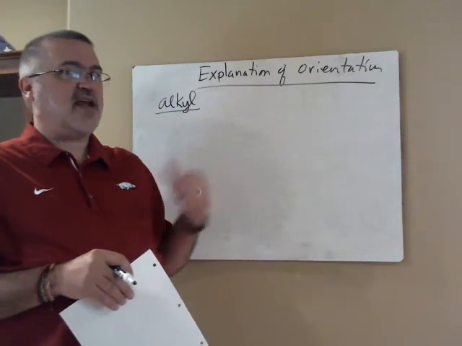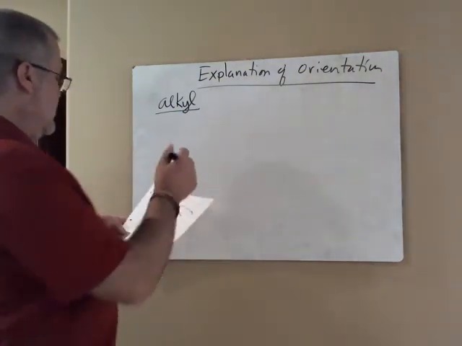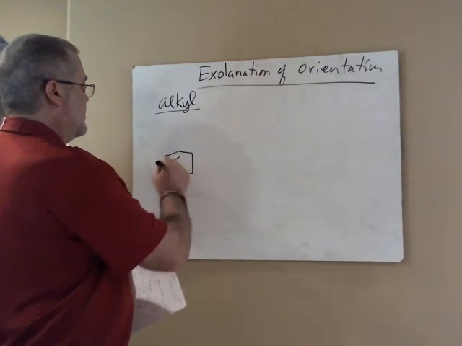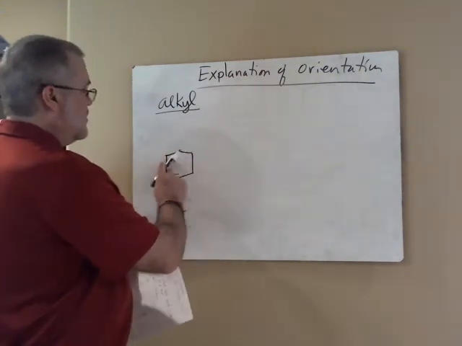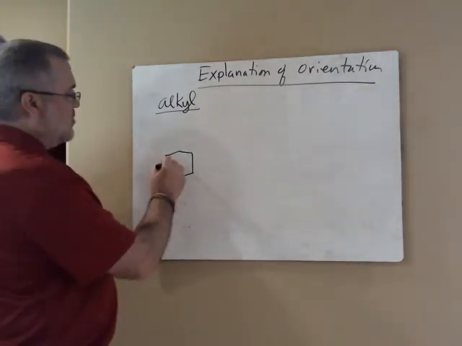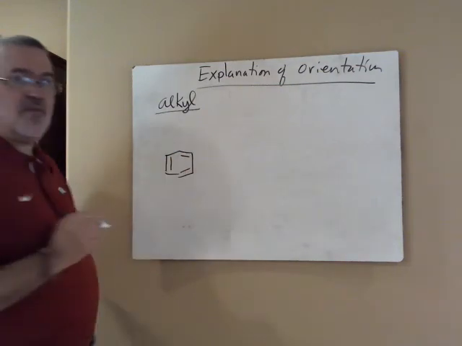And so what we're trying to answer here is why. Okay, and to explain that, of course, I would encourage you to draw this, by the way, draw this benzene exactly like I'm drawing it. Put the double bond there, there, and there. It's going to make this a lot easier.